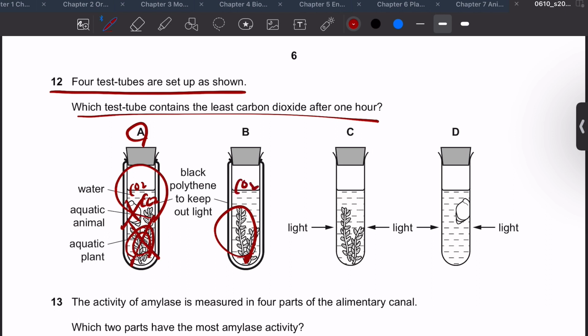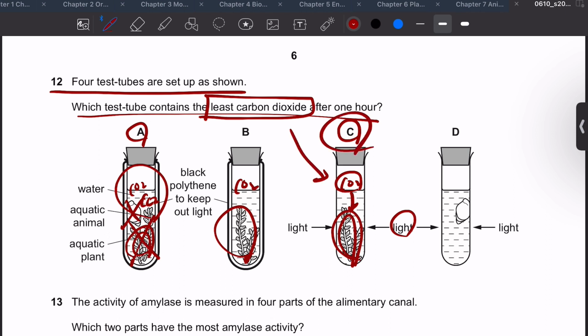But for C, there's a plant and there's light, so it's going to photosynthesize quite a lot, and it's going to use CO2 inside the air, inside the tube, so it's going to suck up all the CO2. So I guess the answer should be C, because the question is asking which test tube contains the least carbon dioxide gas.